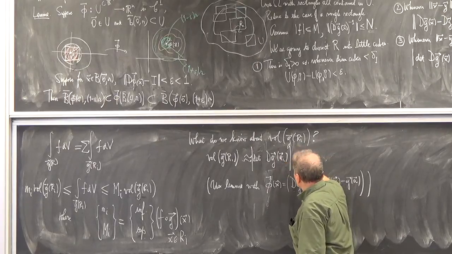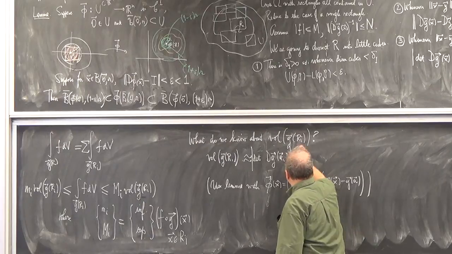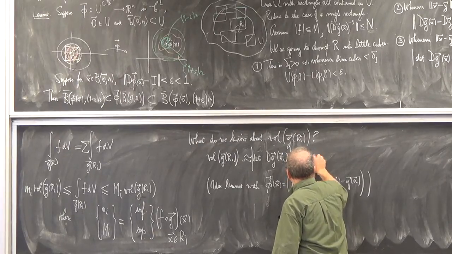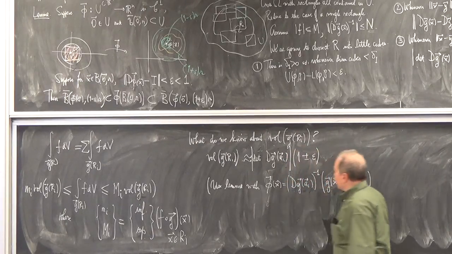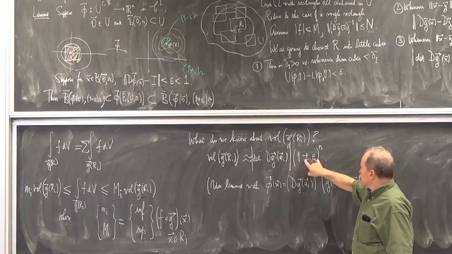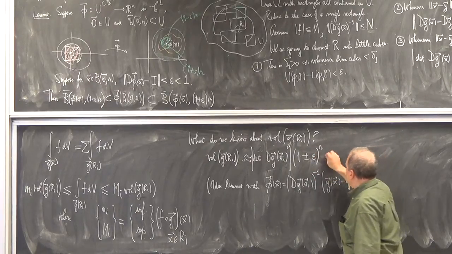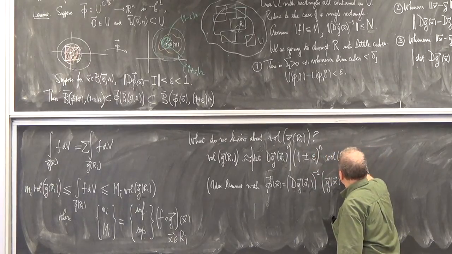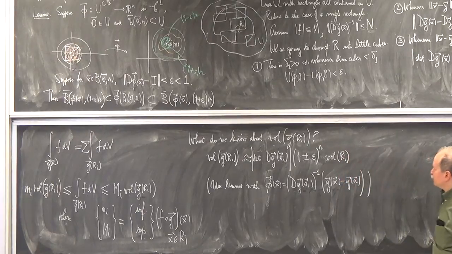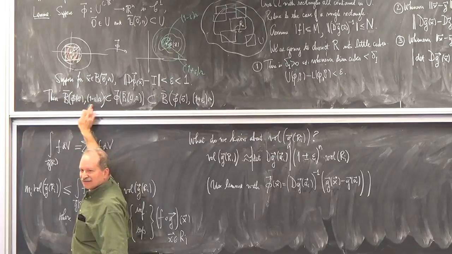Then you use the radius of the cube and say, I'm going to have an outer estimate and an inner estimate by multiplying by a factor of (1 plus epsilon) to the nth times the volume of R_i. So that's coming from this and this.